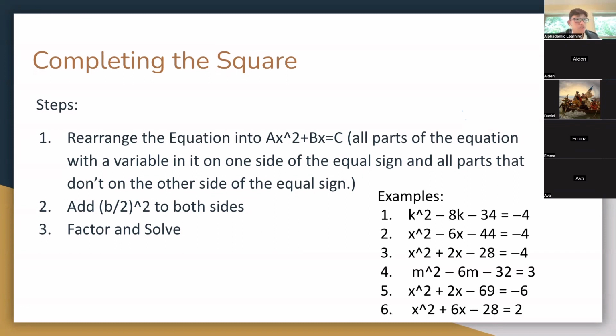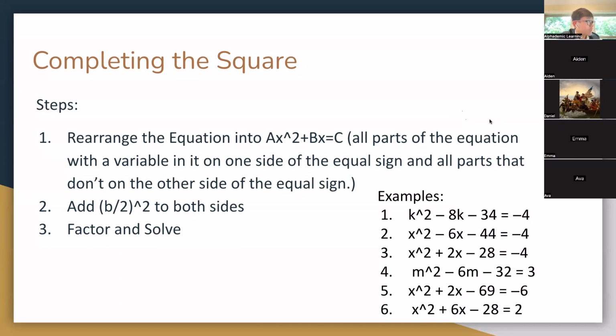And then you can factor and solve. For example, for the first one right here, we have k squared minus 8k minus 34 equals negative 4. First of all, you would move the negative 34 onto the other side, and you would get k squared minus 8k equals 30.